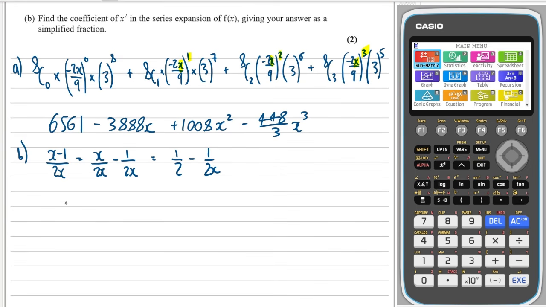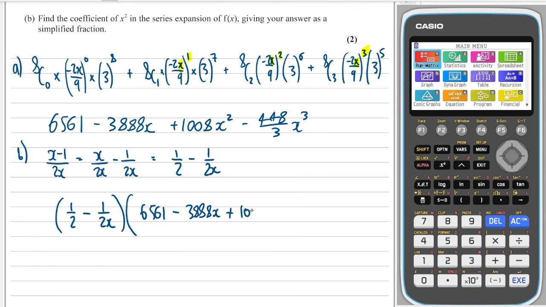Okay, now that we've got it like that, we can ask ourselves the question, if I multiply it by this expansion here, how are we going to get x squared come out of this?